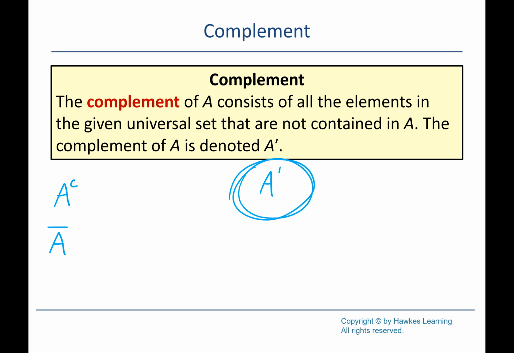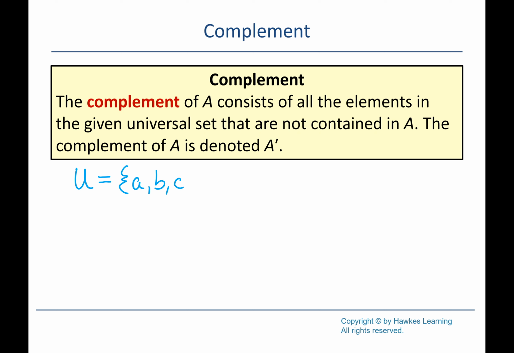So let's see. Get this out of the way. Let's say our universe is the letters A, B, C. That's all we're working with. Then if set A just has the element A, then what's A complement going to be?